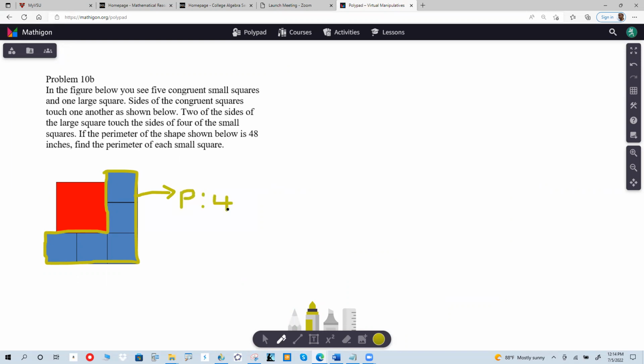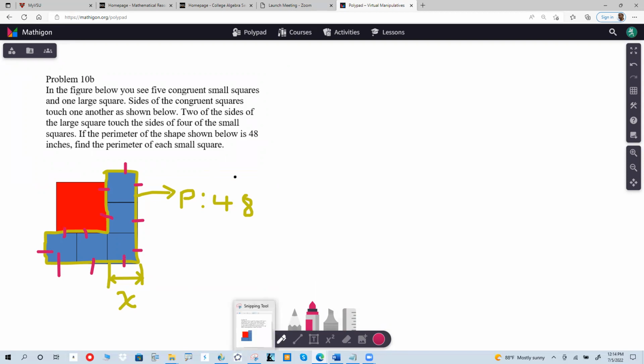Now, each side, I'm going to call it X. All right, now I'm going to count how many are there all around. Very carefully. Clearly 1, 2, 3, 4, 5, 6, 7, 8, 9, 10, 11, 12. There are 12 of them, if you want to include that. Count it very carefully. There are 12 of them.